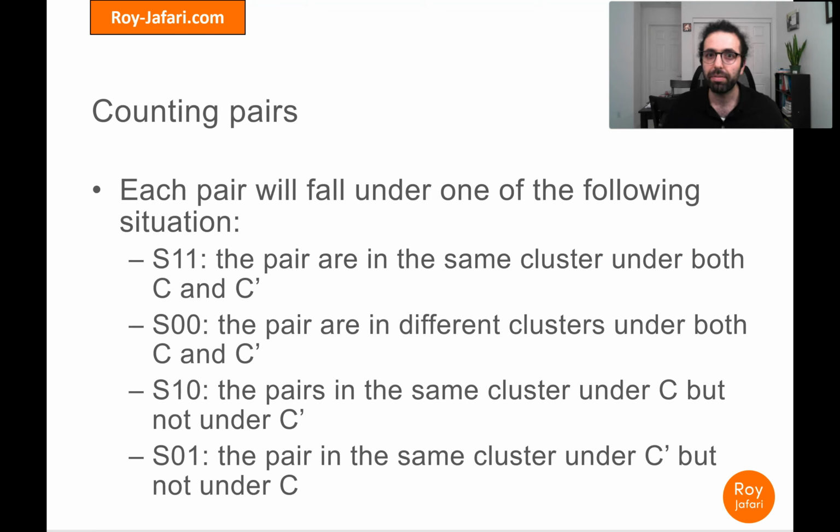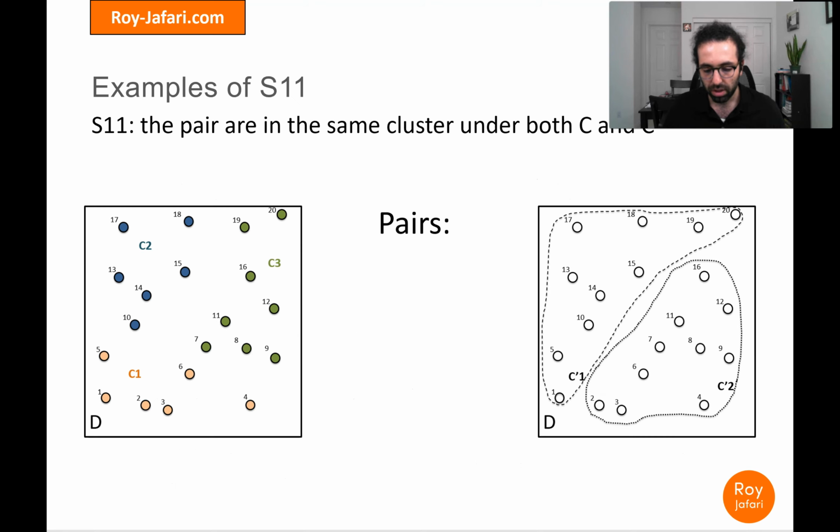Let's look at a few examples for this to make sense. Let's find some pairs that fall under S11, the situation where the pair are in the same cluster in both clusterings. For example, the pair 1 and 5 are both in the same cluster.